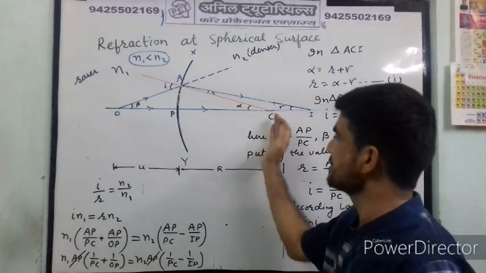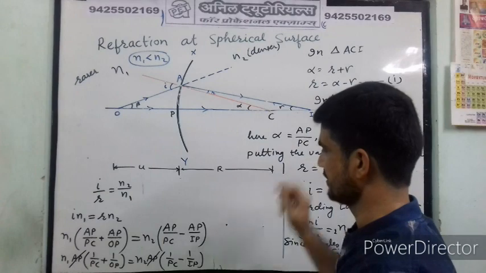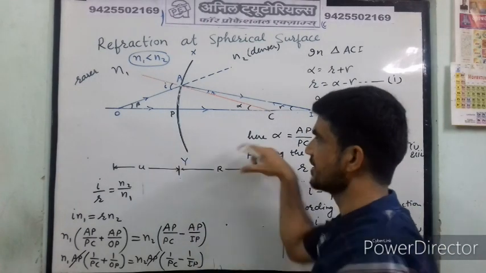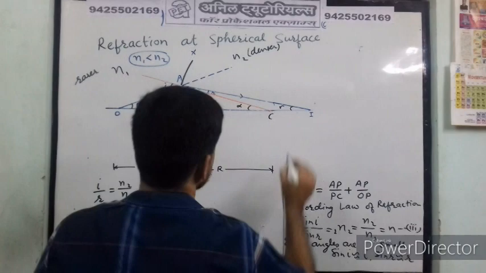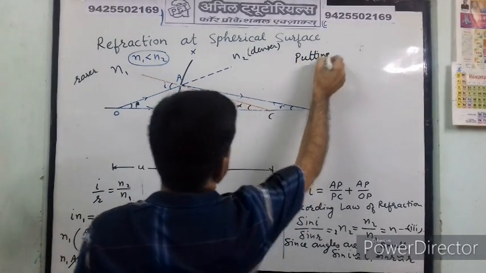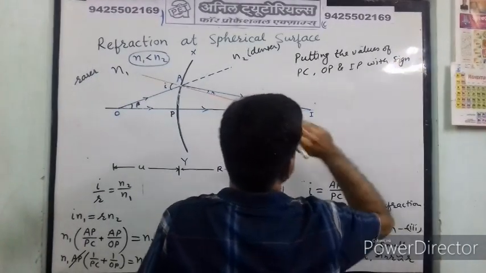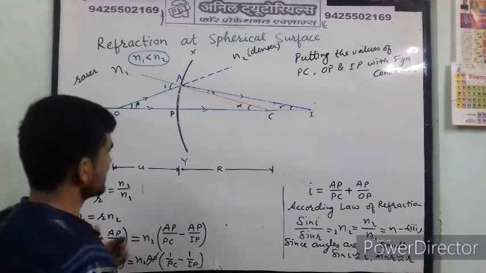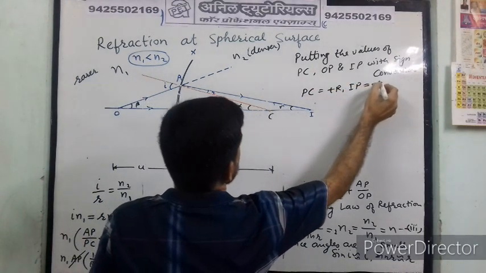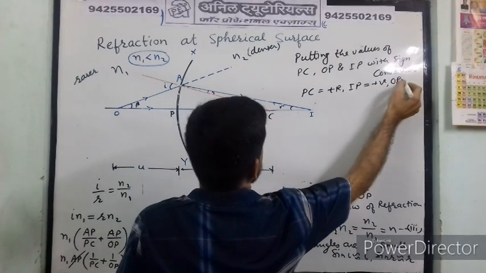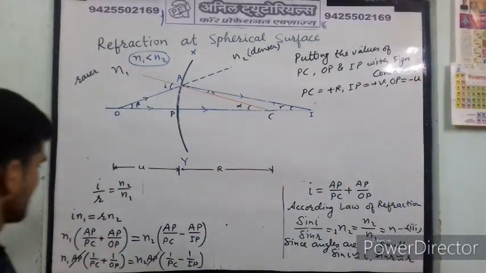PC is the radius of curvature and that is on the right side, so we take R as positive, and IP is also on the right side, so that is also positive. Putting the values with the sign convention, it's very important: PC is plus R, IP is plus v, and OP, that is left side, is considered negative, so minus u.